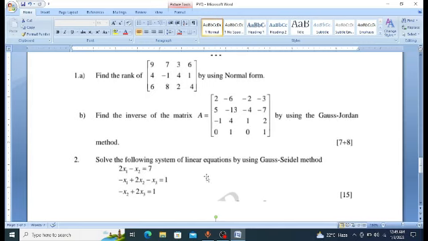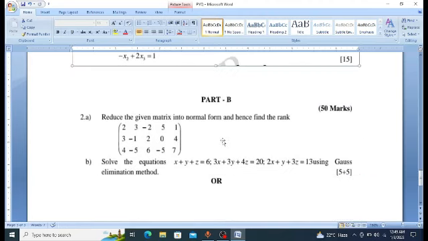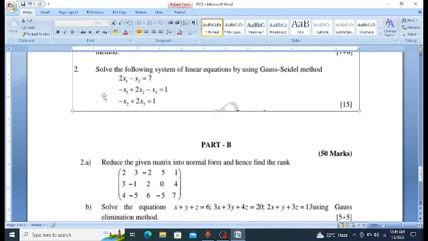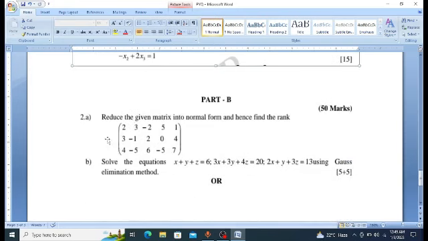Then solve the system of linear equations by using the Gauss-Seidel iteration method. Apply the conditions, and if satisfied, then solve the equations to get the values of x1, x2 and x3. Then we have this question: reduce the given matrix into normal form and find the rank.